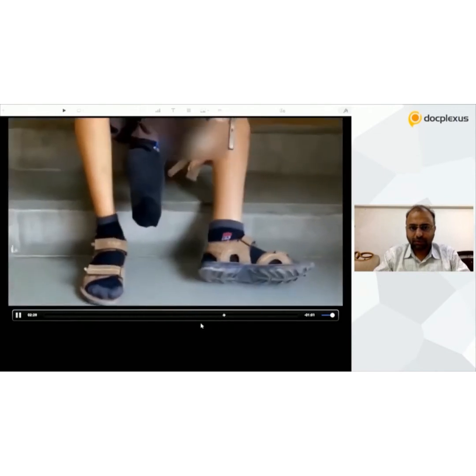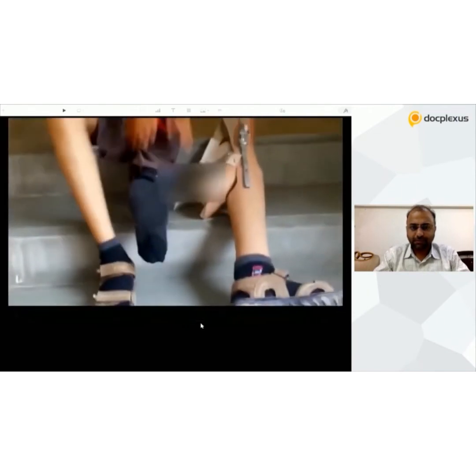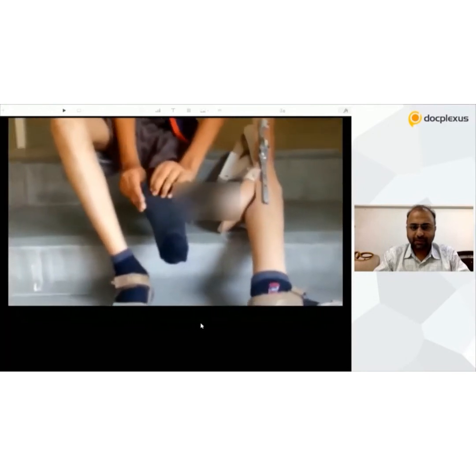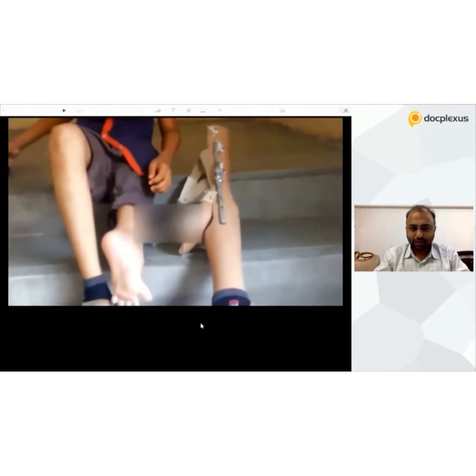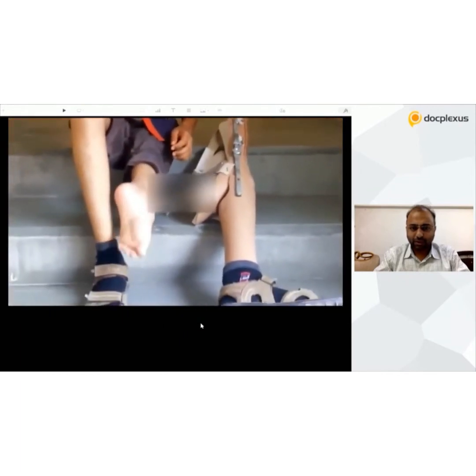This was the special prosthesis made for him. And here we can see the foot is turned by 180 degrees, so the ankle joint is working as a knee joint for this patient.